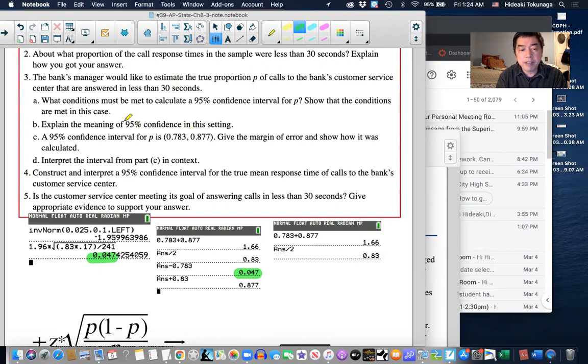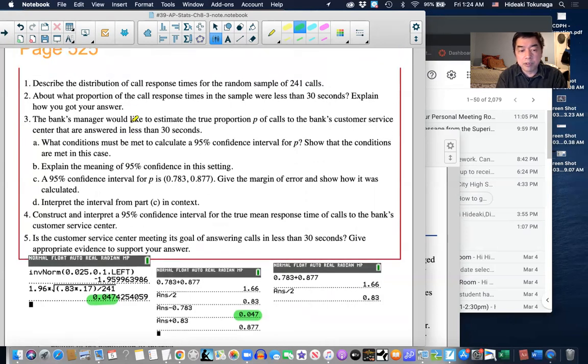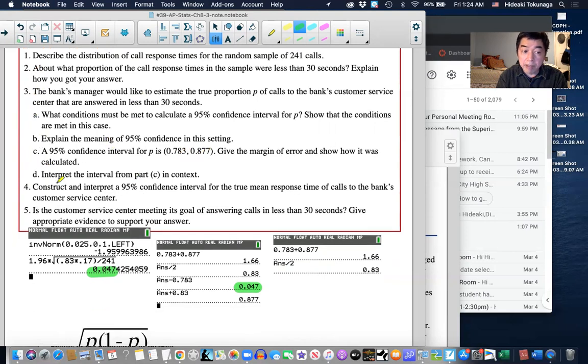We're 95% confident. If we take many samples of 241 customers each time, we will settle in between those two. Okay, that's up to question 3, which has A, B, C, D. So that's the interpretation. I'll be back with number 4. I will pause the video and come back in the next video.